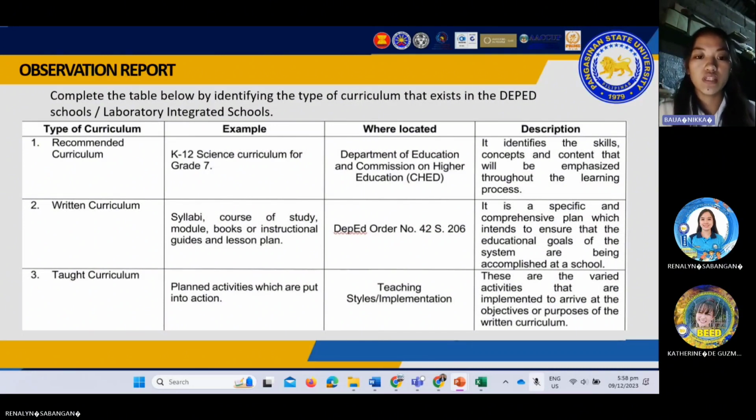So number three, taught curriculum, plan activities which are put into action. Located in teaching styles or implementations. And the description of this is these are the varied activities that are implemented to arrive at the objectives or purposes of the written curriculum.